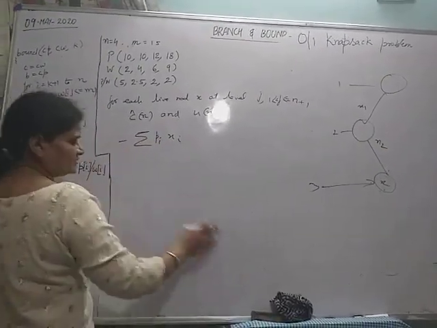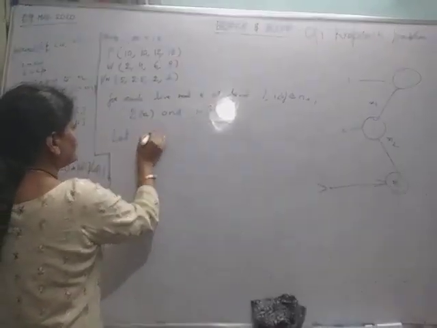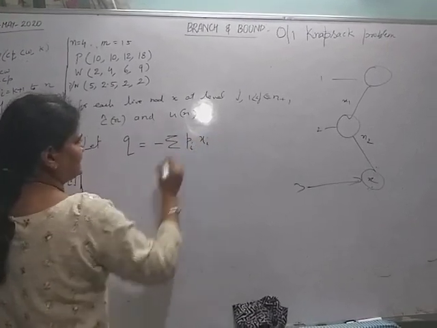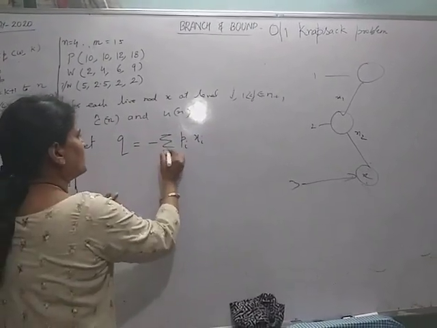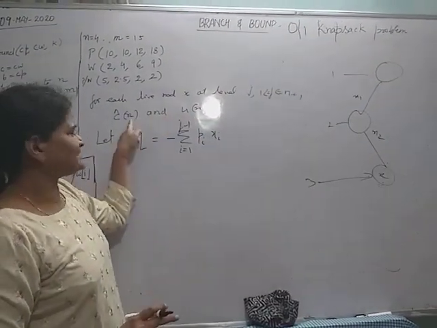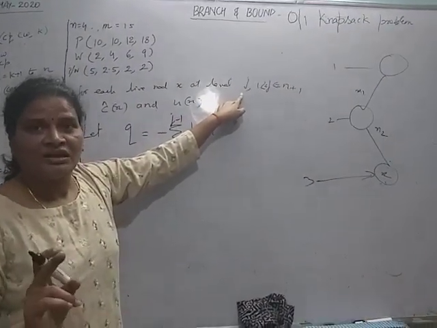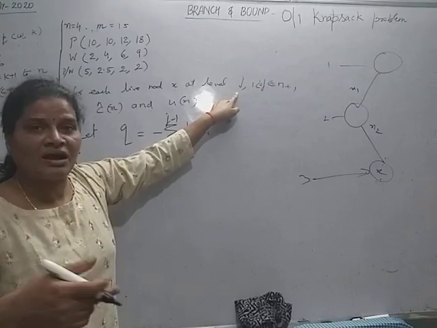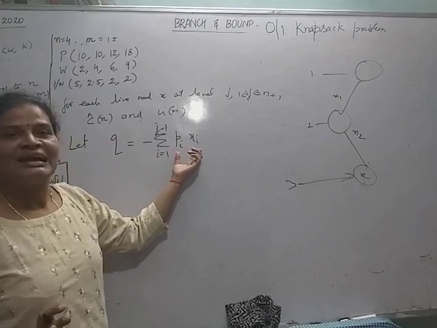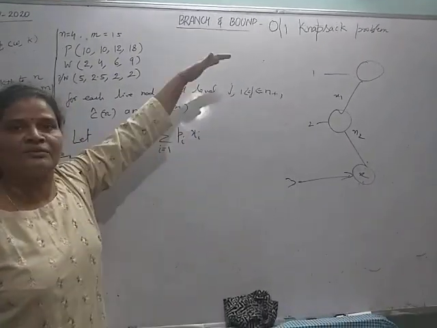Let q equal minus summation pi xi, i equal to 1 to j minus 1. Again, see carefully, live node x is at level j. So decisions for how many objects have been taken? From 1 to j minus 1. So this is the current cost of reaching node x from the root node.